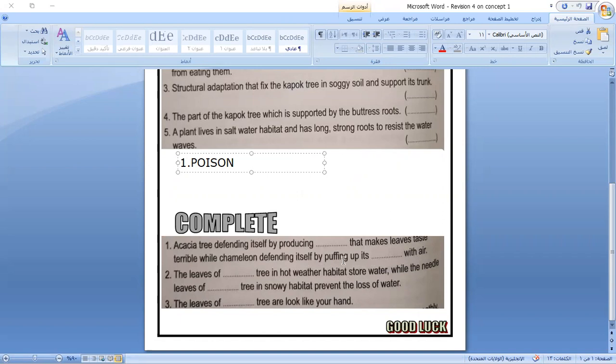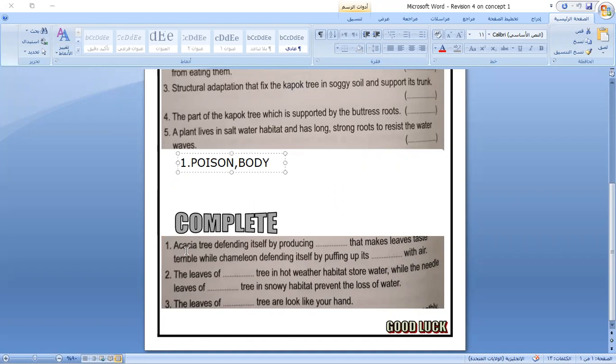What does the chameleon puff? It inflates its body with air, filling its body with air. So the answer here will be body. And it opens its mouth to scare the enemy.